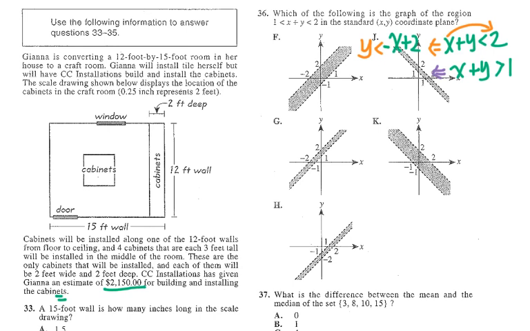For the second one, you will get y greater than negative x plus 1. So your slope will be negative. That's why F, G, H are wrong. Then you can check the y-intercepts. It's a positive 1 and positive 2. Therefore, J will be the answer.